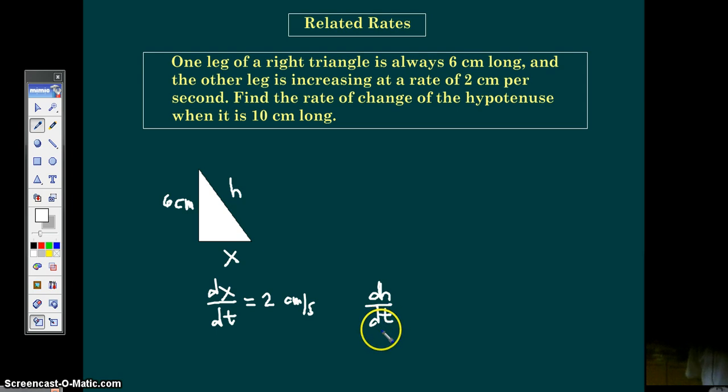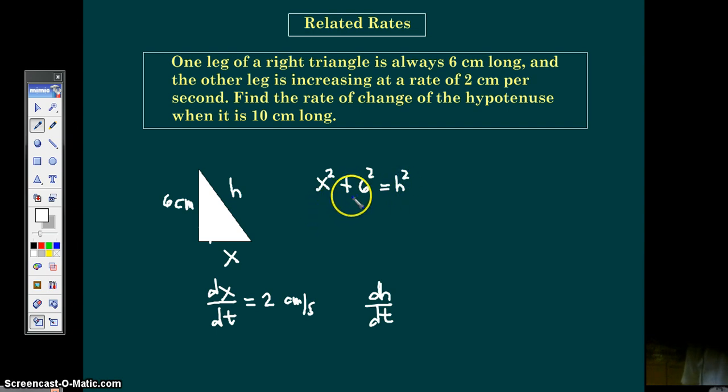Now, the challenge really in related rates problems is to find the equation relating the variables involved, which in this case is very obvious because we have a right triangle. So it should follow the Pythagorean theorem: x squared plus 6 squared equals h squared.